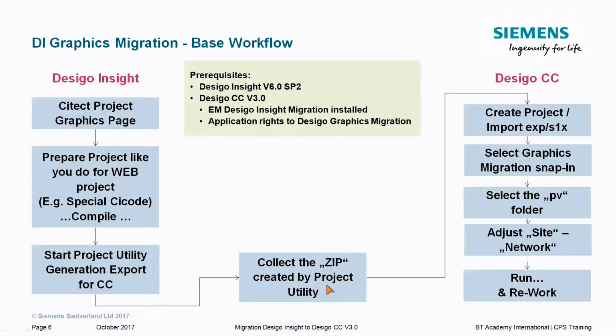So we collect the information of Desigo Inside into a zip format, which we will use for the integration in Desigo CC. In Service Pack 1, we didn't have this feature. So the project utility in Service Pack 2 has been enhanced with this feature.